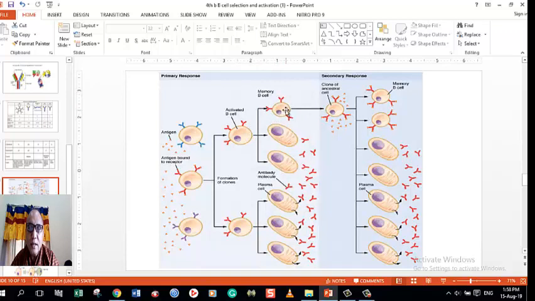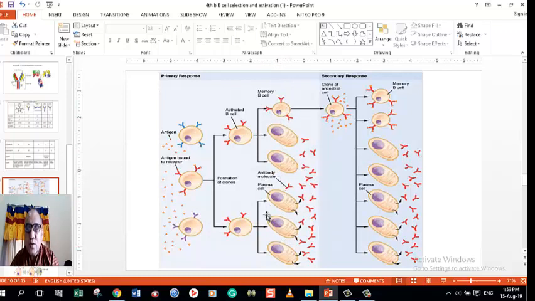It also produces antibodies, but these antibodies are produced by plasma cells. So 2 things happen when the B cell gets activated: it produces memory cells, and plasma cells. These are plasma cells, and these are memory cells.